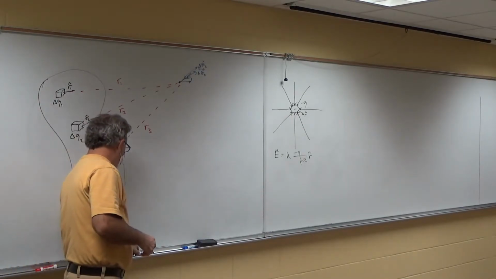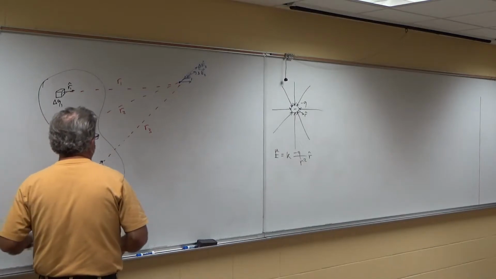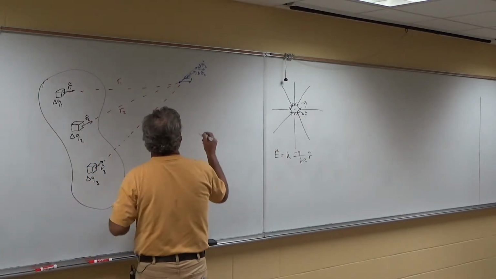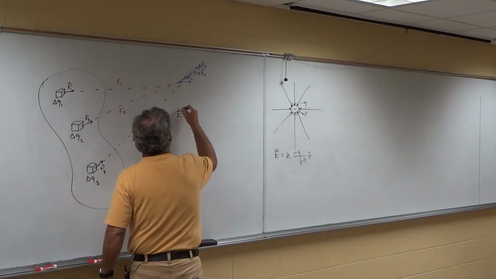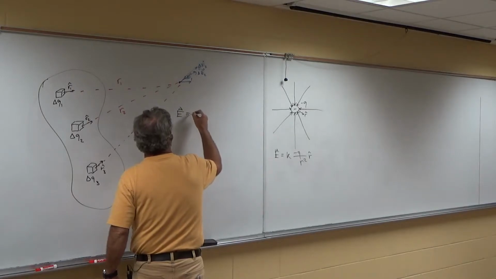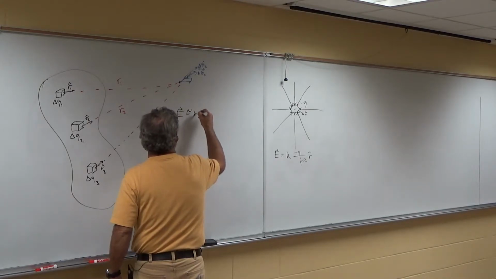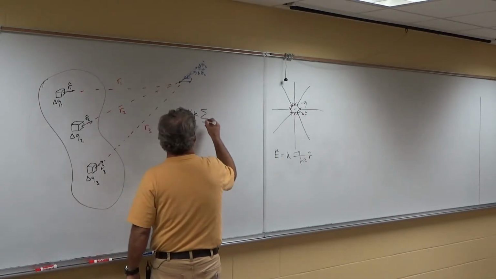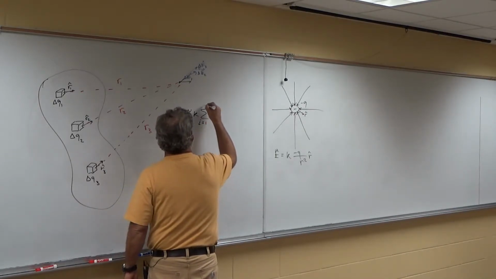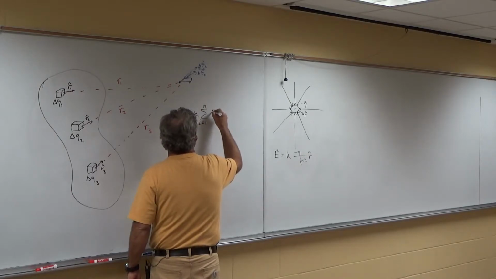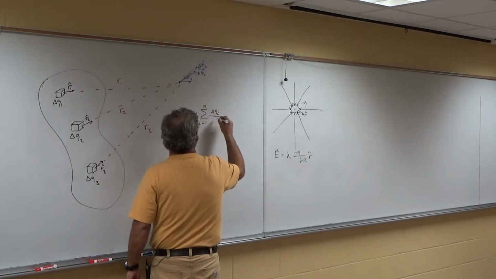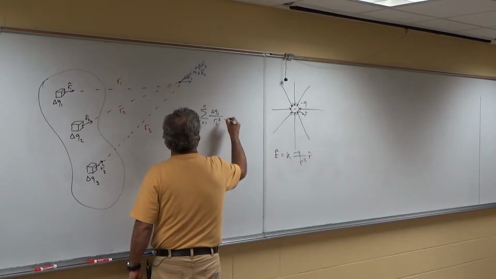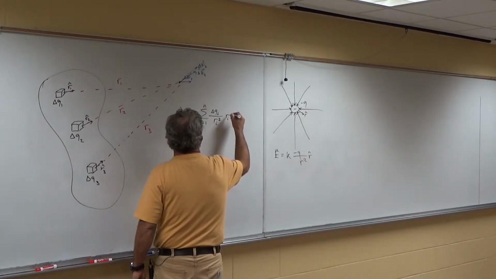So when I sum over all of those bits of charge, E is approximately equal to K times the sum, just like I did with the point charges, from I equals 1 to N of delta Q sub I over R sub I squared, R sub I hat.